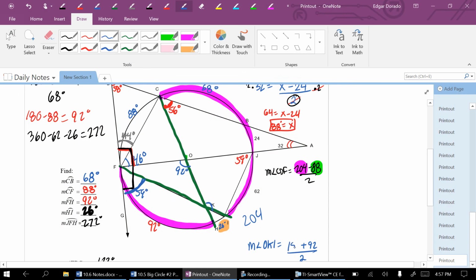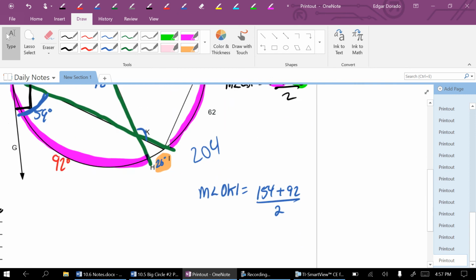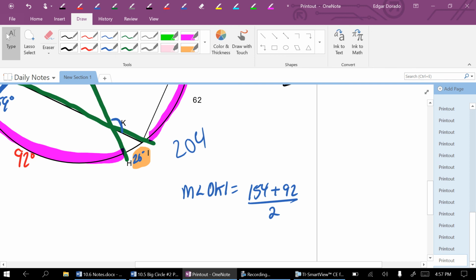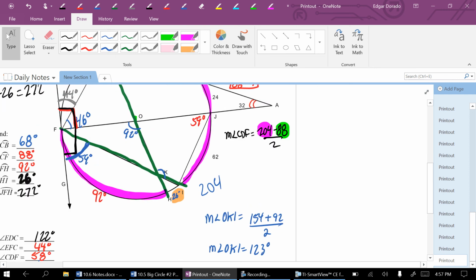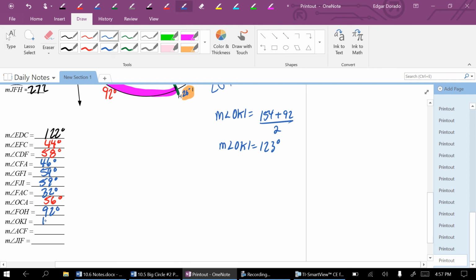If I add that to 92, that's going to give me 246, and 246 divided by 2 is going to give me 123 degrees. Awesome. Two more, guys.